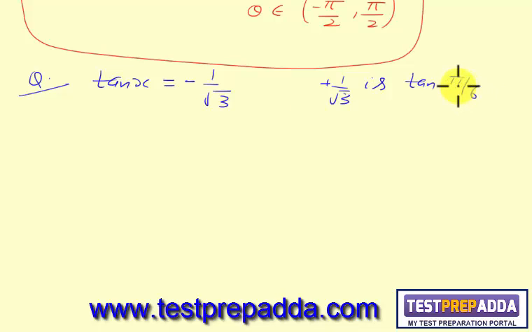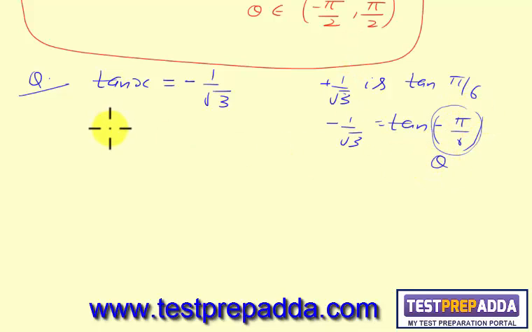So minus 1 by root 3 will be the value of tan minus pi by 6, and this minus pi by 6 lies between minus pi by 2 to plus pi by 2. So I can take this as our theta. So tan x will be written as tan minus pi by 6.